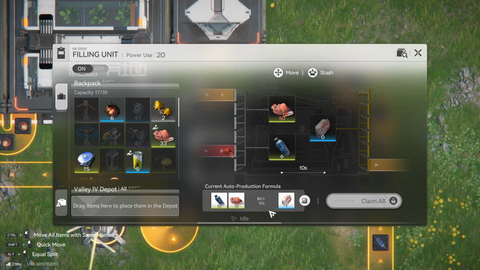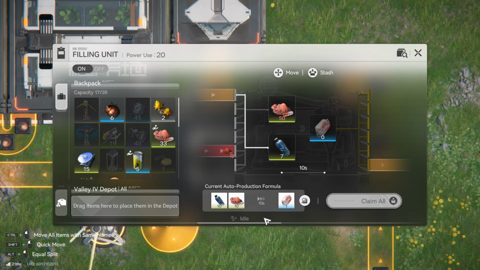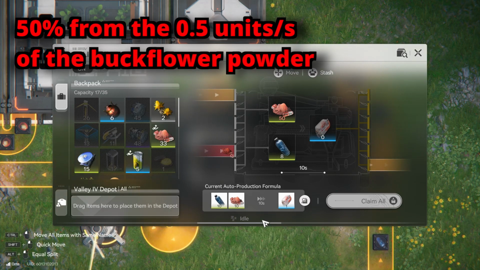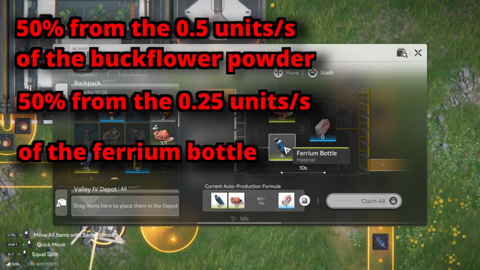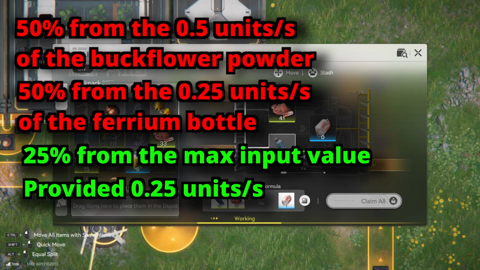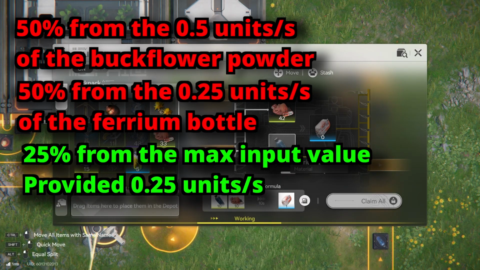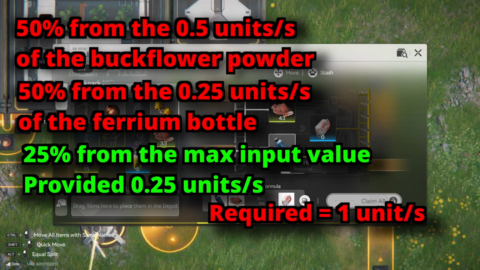So in our current state, the filling unit is running at not only 50% from the buck flour powder, but also nerfed from the ferrium bottle, running at 25% of its required input rate.